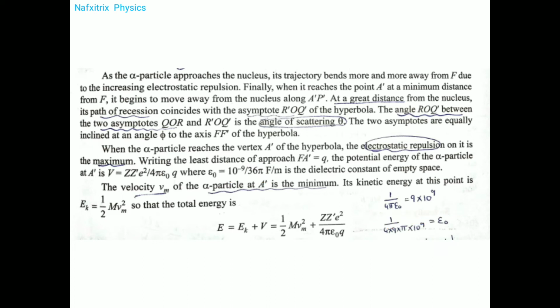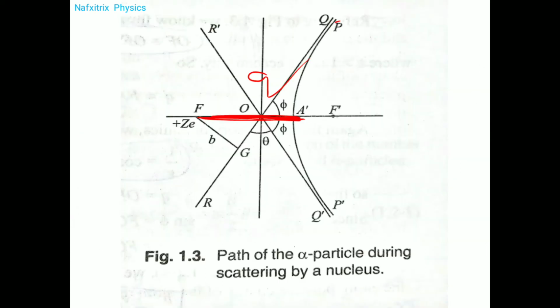The velocity Vm of the alpha particle at a dash is minimum. So obviously at this point most of the energy of the particle is kinetic energy, but at this point it has both kinetic energy as well as potential energy.